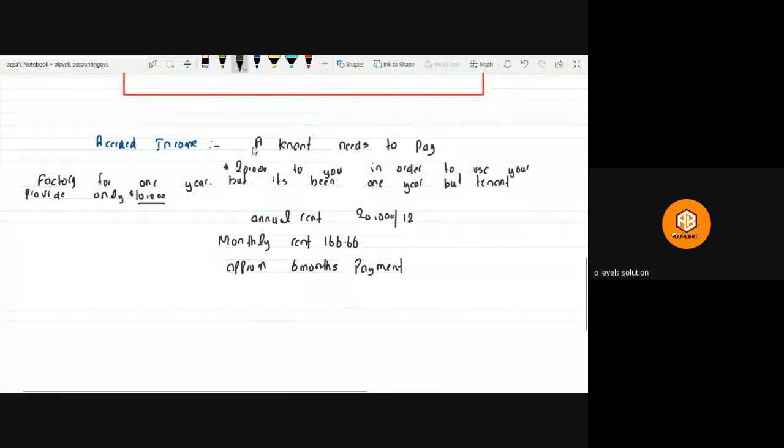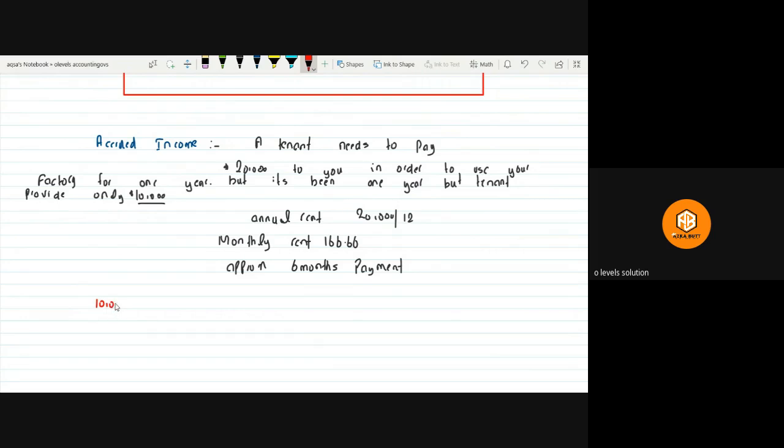So this $10,000 which is left will be accrued income.